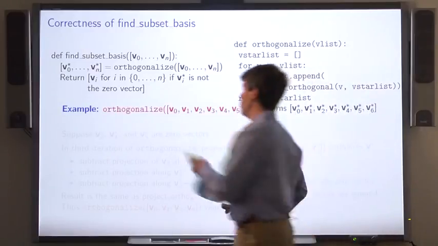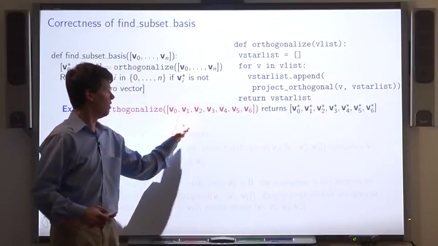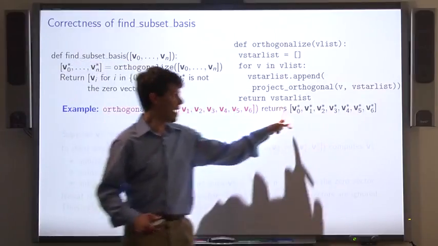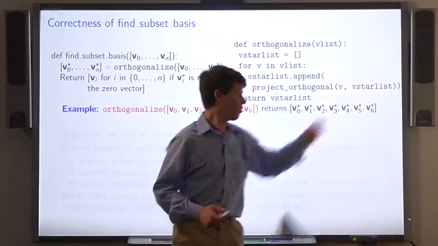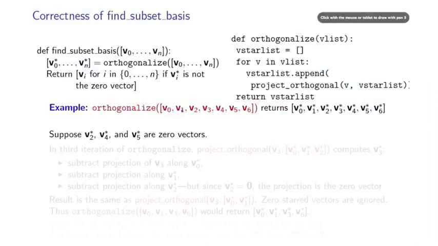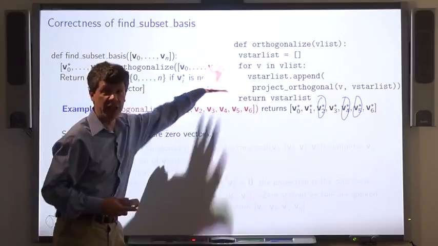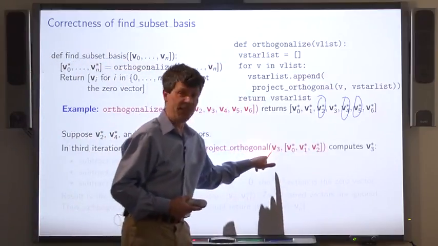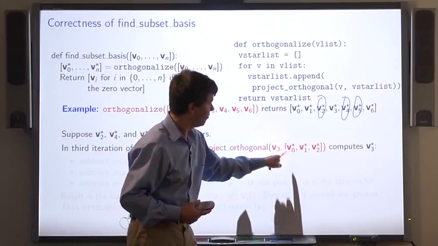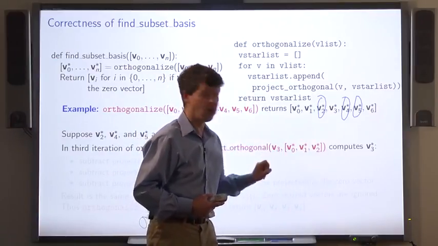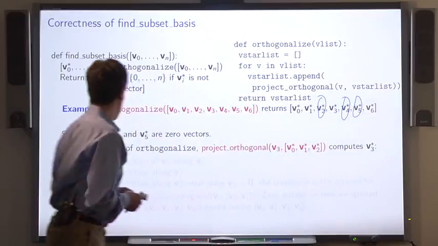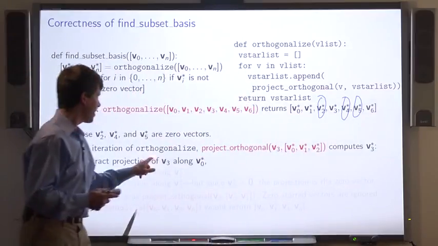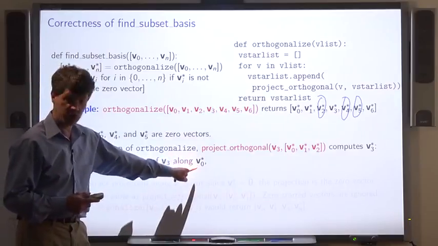Let's say we ran orthogonalize on v0, v1 through v6 and got back v0 star through v6 star. Let's suppose, as before, that v2 star, v4 star, and v5 star are 0 vectors. So consider how orthogonalize would run. In its third iteration, it takes v3 and projects it orthogonal to the vectors v0 star, v1 star, and v2 star to compute v3 star. How does it do that? It subtracts the projection of v3 along v0 star.